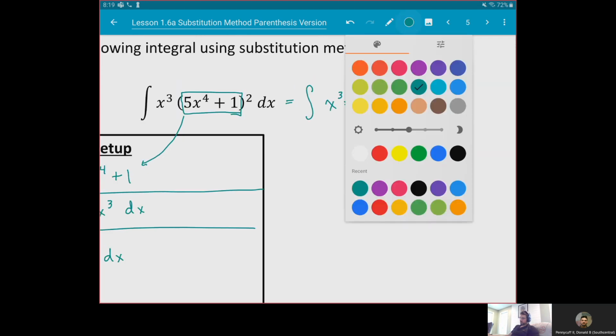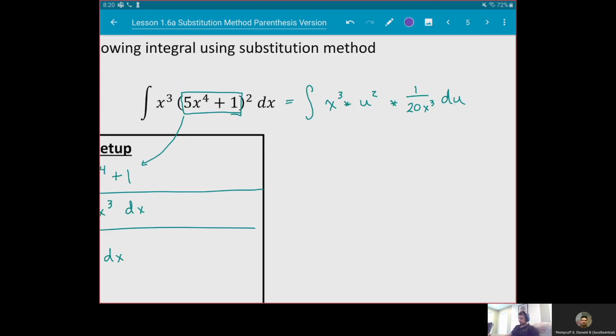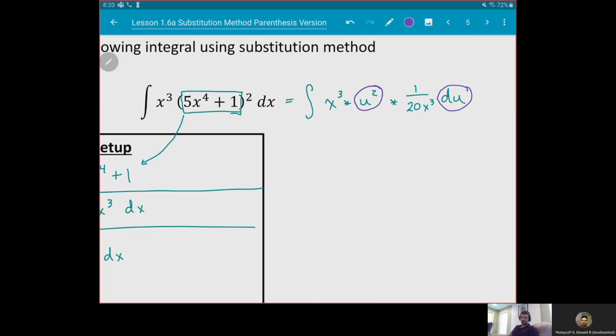Let me switch to a different color here. This problem is all about u's. Anything that's not a u and is doing multiplication can be yanked out front. So these x's, because I've switched it over to du, these x's are no longer live. They are now no more than regular numbers. They can be transferred out front. They can be moved away.